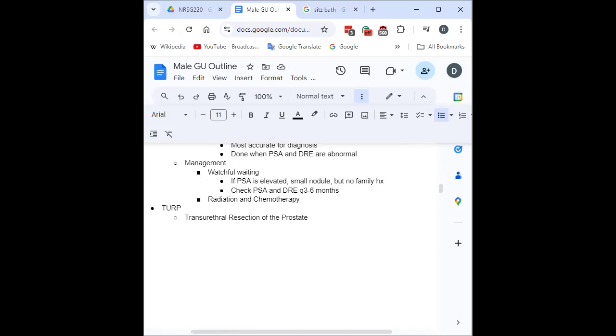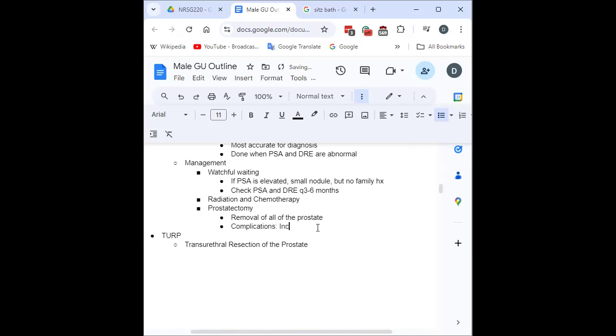The focus is more on the surgical option, called the prostatectomy, in which you remove all of the prostate. There are a few different types, but the focus is going to be more on your TURP.